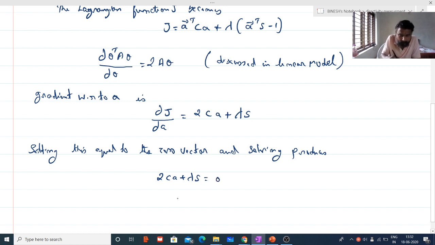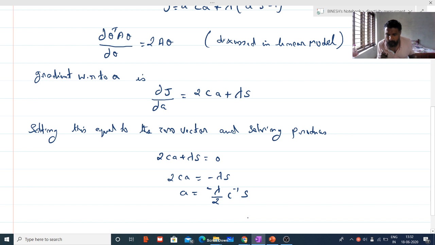That is 2CA equal to minus lambda S, or A is nothing but minus lambda by 2 C inverse into S. I think it's clear. A equal to minus lambda by 2 C inverse into S.